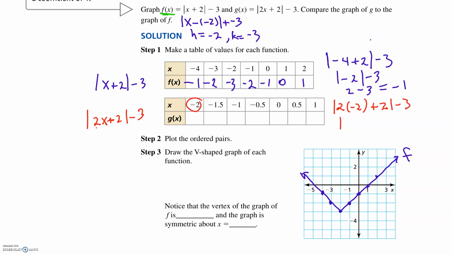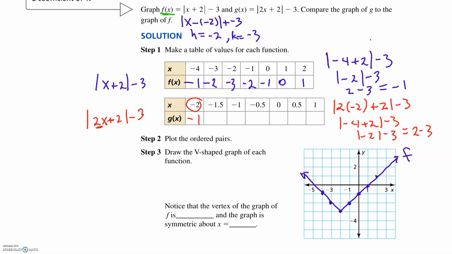And negative 4 plus 2, that's going to be negative 2, take away 3, which is negative 1. Notice what's happening is we're chopping the x values in half. That 2 that's inside with the x is causing a horizontal shrink. When it's inside with the x, it's going to be a horizontal change.